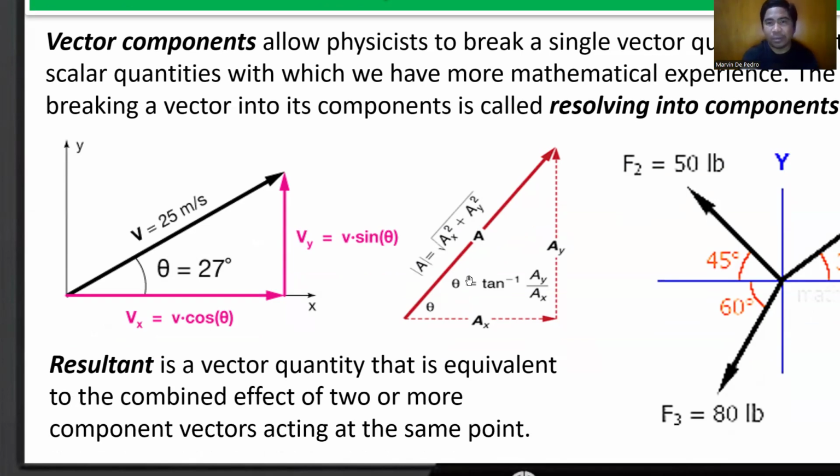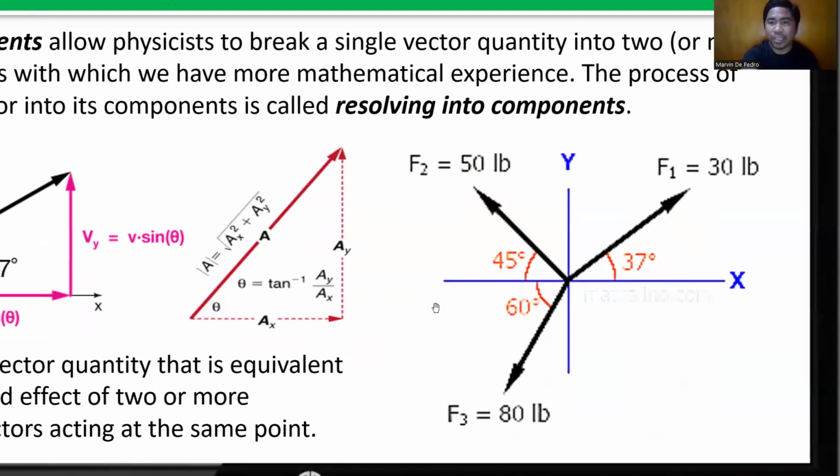So, for example, using our knowledge in trigonometry and our basic knowledge in vectors, we can determine the overall vector quantity that acts on this specific point.